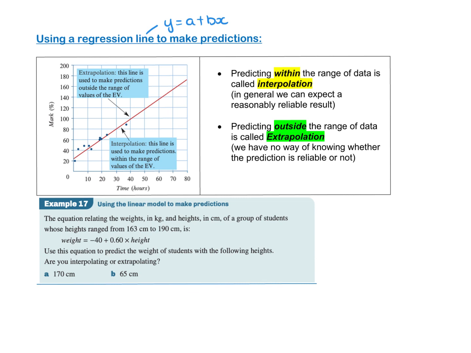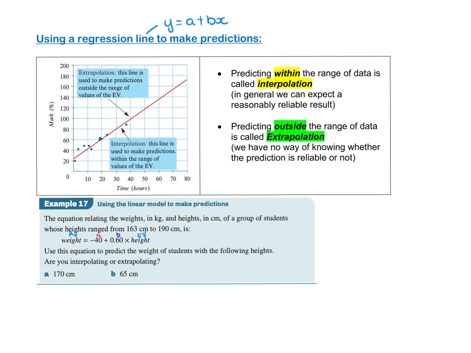It says the equation relating weights in kilograms and heights in centimetres of a group of students whose heights ranged from 163 to 190 is given. We can see here our RV is weight and our EV is height, with an A value of -40 and a B value of 0.6. It says use this equation to predict the weight. Because we have a formula for weight, we can predict it using these heights.